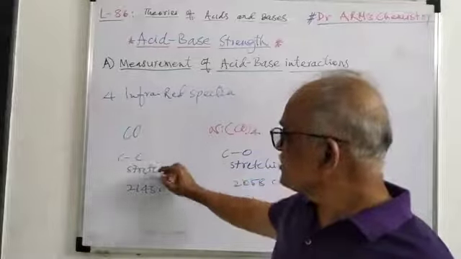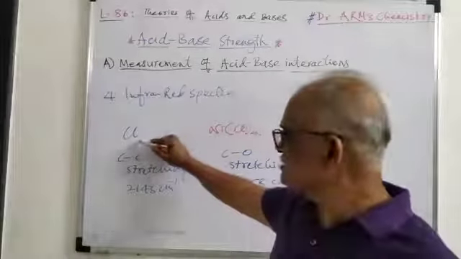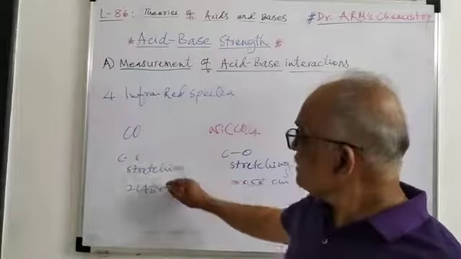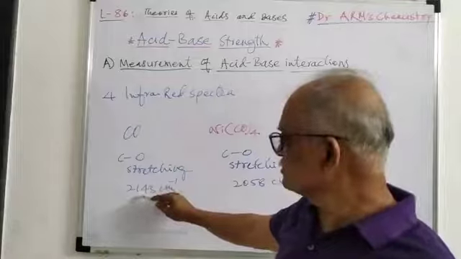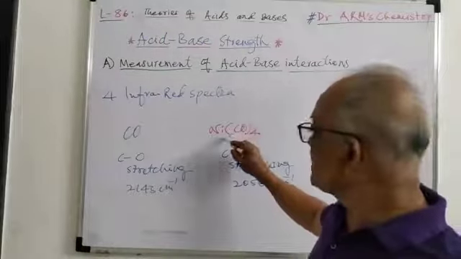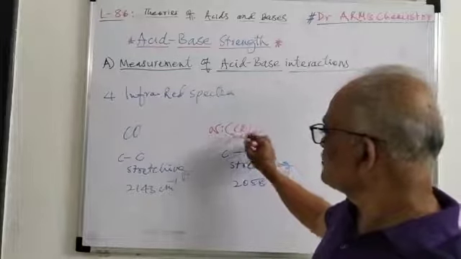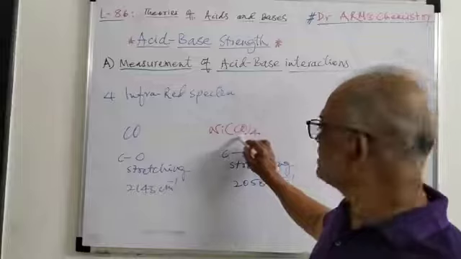So this shows that if we consider this separate molecule carbon monoxide, existing as an independent entity, then it has stretching taking place at about 2143. But when it is complexed with nickel, it is not an independent or separate substance.